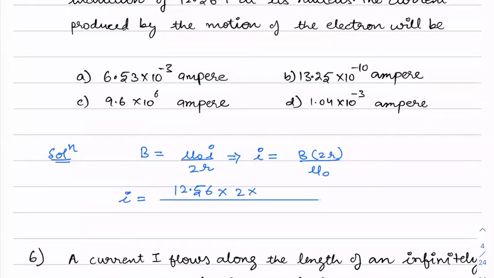What is the radius? Radius is given as 5.2 into 10 to the power minus 11. What is the mu naught value? 4 pi into 10 to the power minus 7. You just solve this and you will get the result. Is it okay?